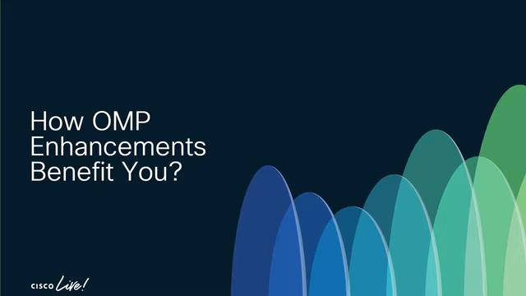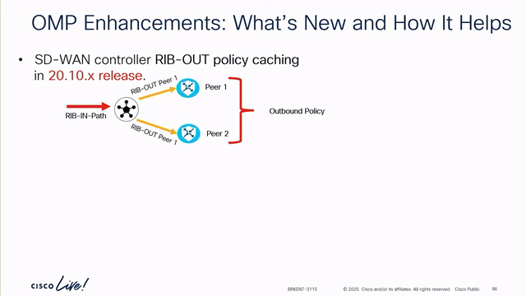So now we're going to talk about the enhancements we have in OMP in the past releases. If we have any outbound control policy applied in your SD-WAN fabric, and that control policy is associated with different peers, meaning different WAN edges, then before 20.10 it was evaluated against each peer, which caused lots of CPU cycles at the OMPD process level.